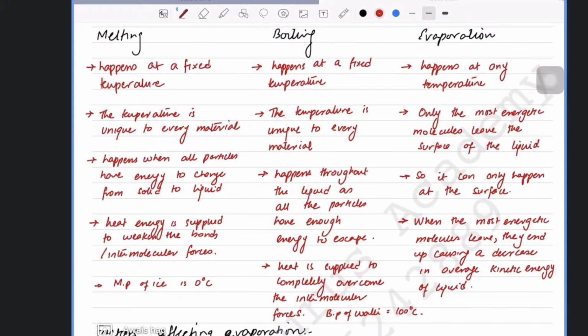All right, this causes cooling. All right, is that clear, everyone?